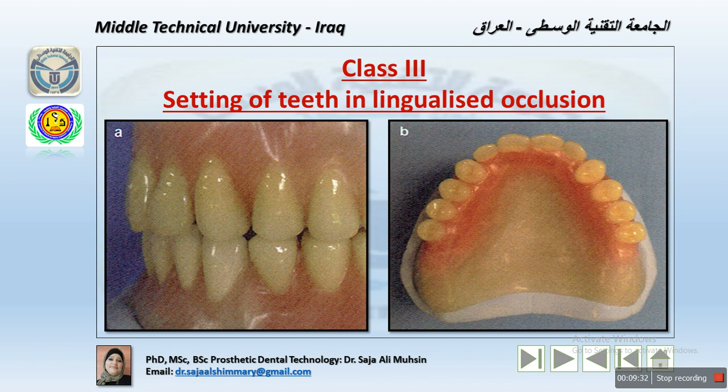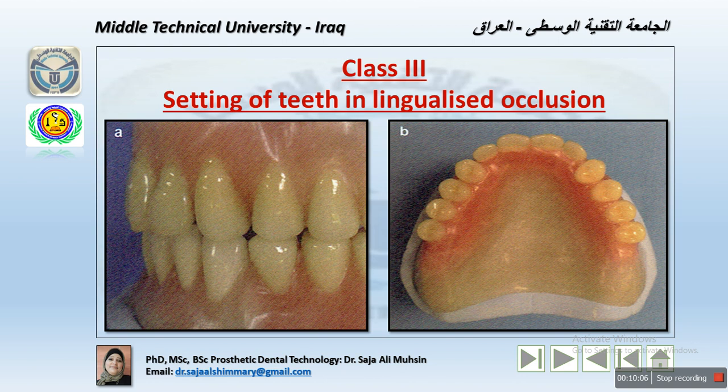Now, in extreme cases, that means severe class 3, the upper canines can be replaced by premolars to ensure that there is adequate tooth contact and bring the occlusal table forward, as in the image on the right side. This is what we have within the setting of artificial teeth in terms of natural occlusion and lingualized occlusion within class 3.